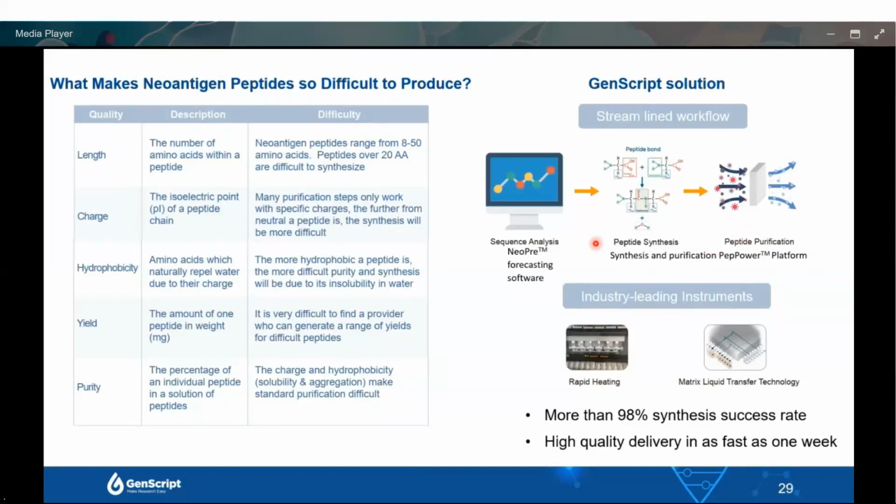We have these two platforms to guarantee more than 98% synthesis success rate, and the high quality delivery could be as fast as 1 week.